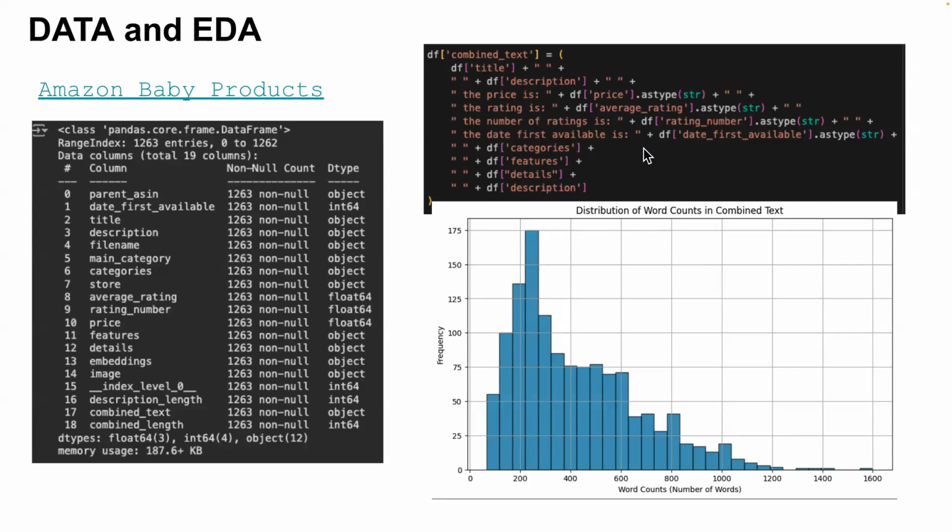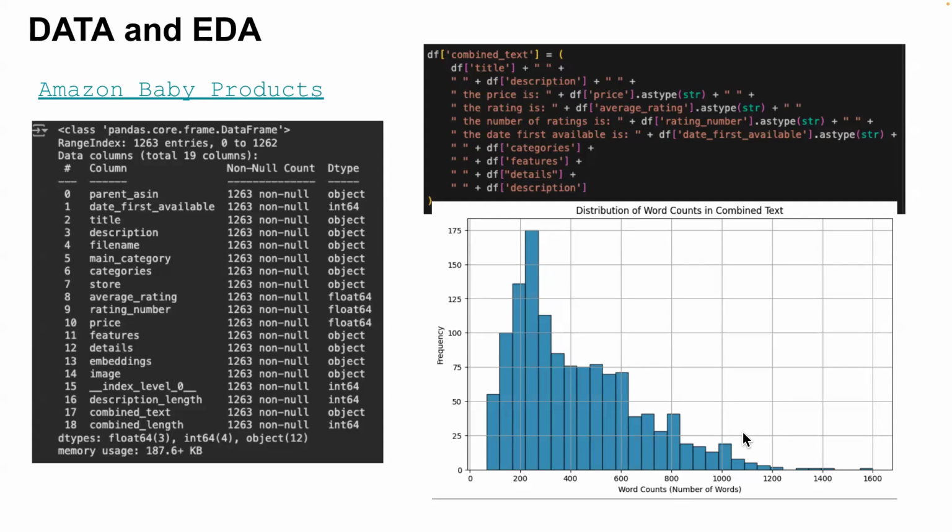This combined text column includes information like title, description, rating, price, and so on. Furthermore, we counted the words in the combined text for each product.